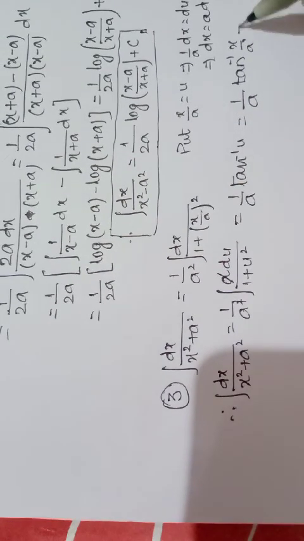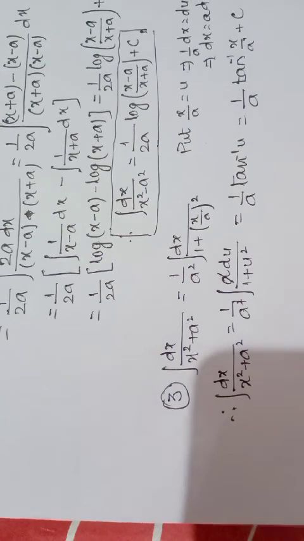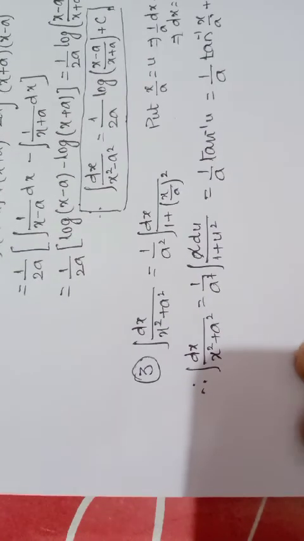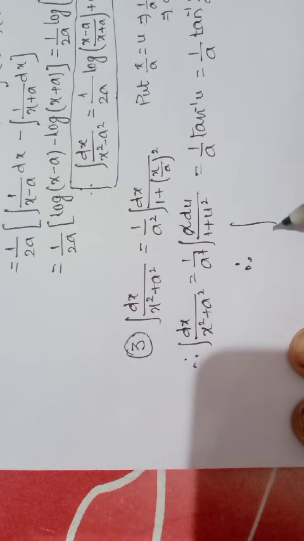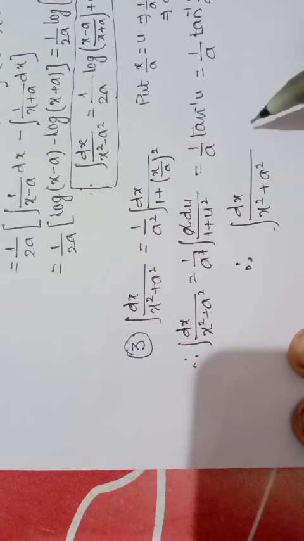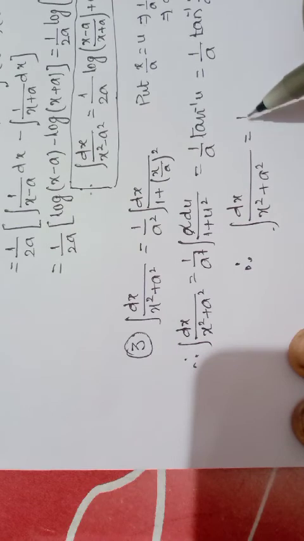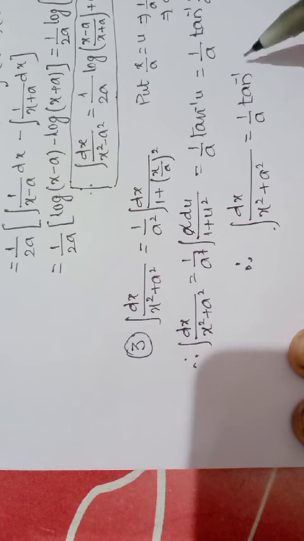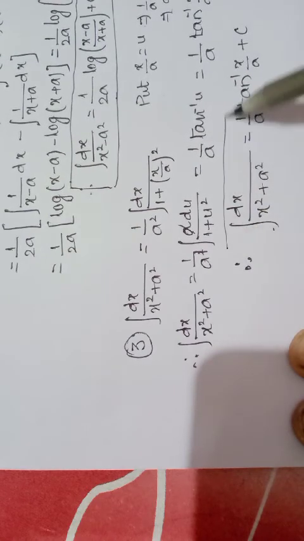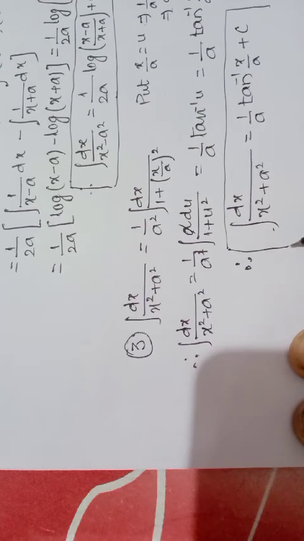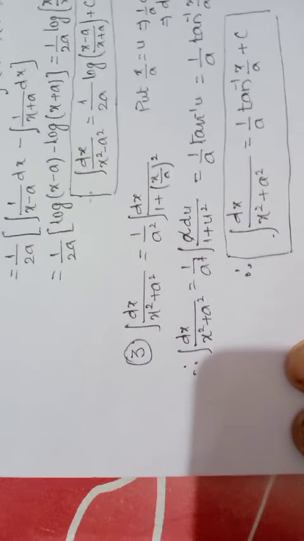This is our integration, so again add the integral constant c. Finally, the integral of dx upon x square plus a square is equal to 1 by a tan inverse x by a plus c. These are also formulas, also identities.